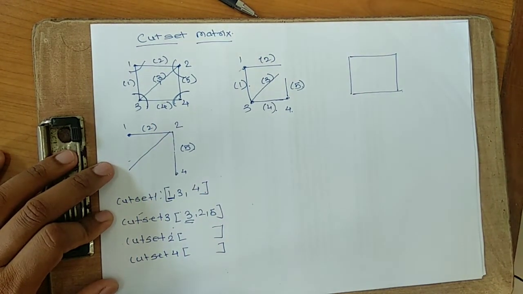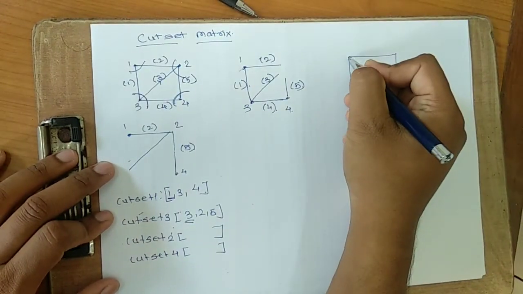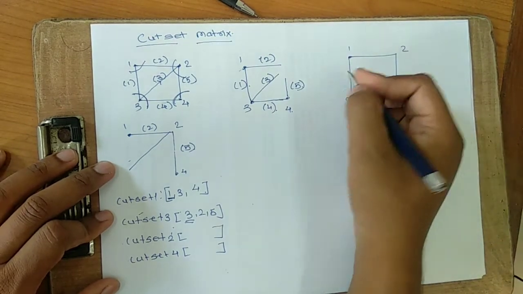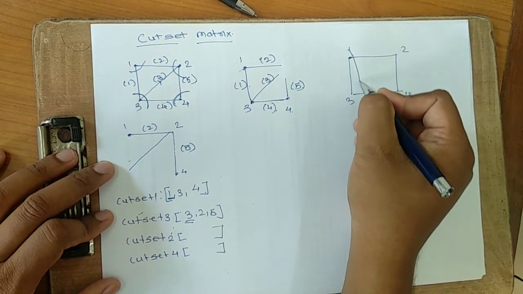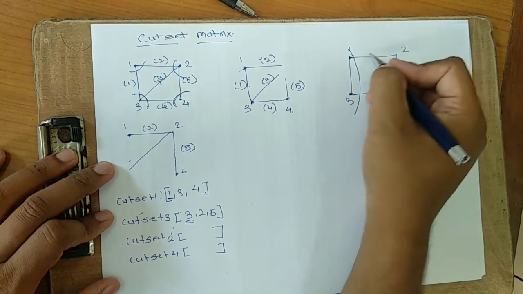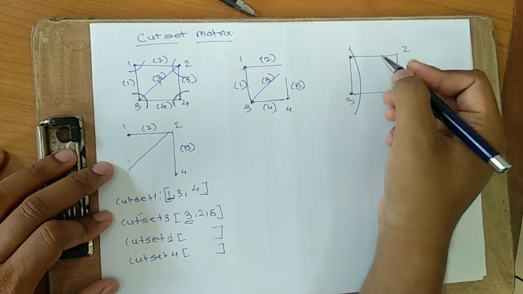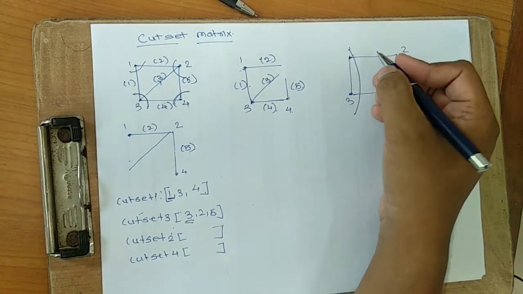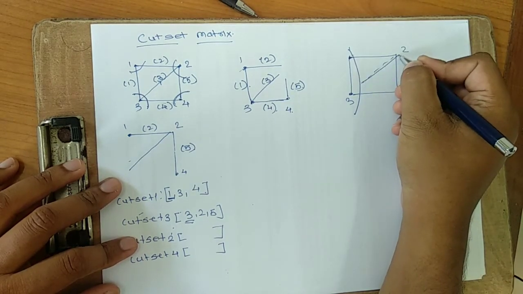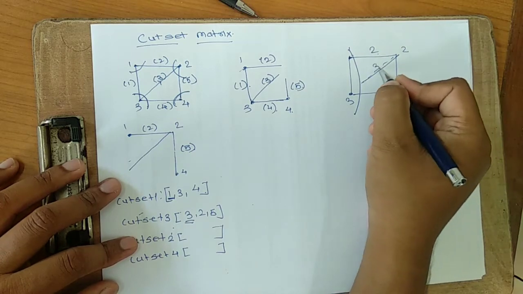And one more cut set we will find by separating 2 nodes. Here are the nodes 1, 2nd, 3rd and 4th. Suppose I am separating these 2 nodes, this node and this node, and I will use these 2 branches. Then I have to use this cut set. There is a middle branch. So 2, 3 and 4.